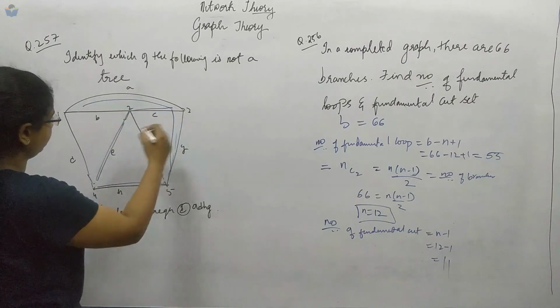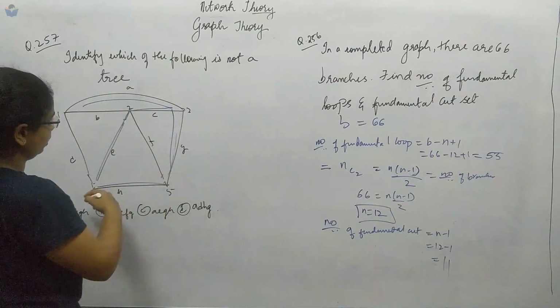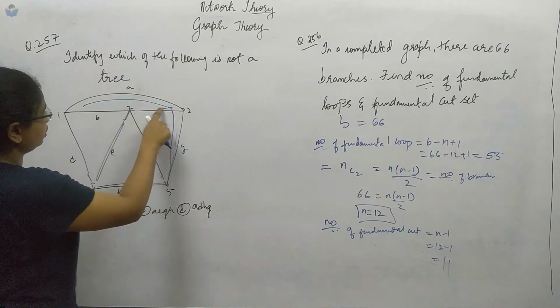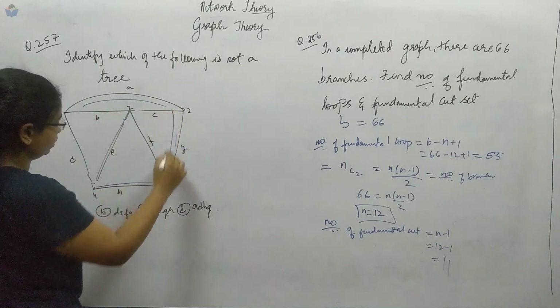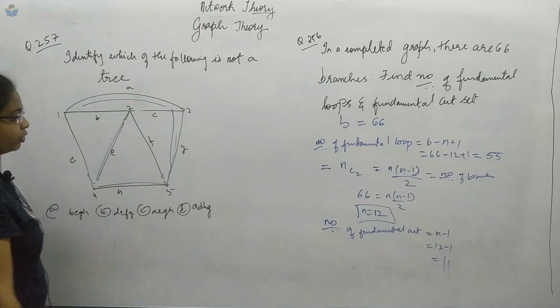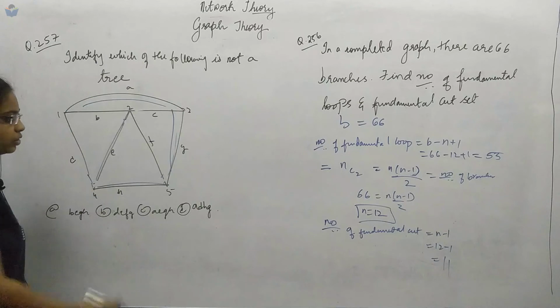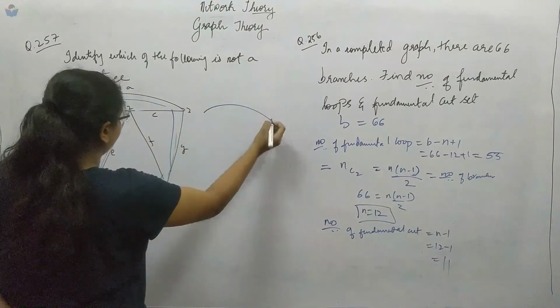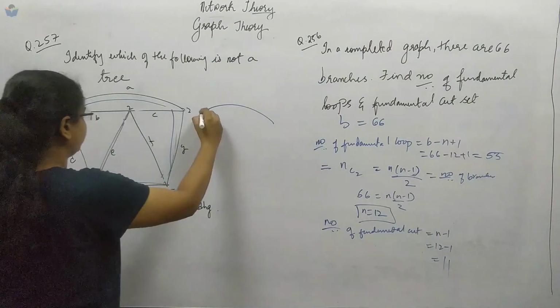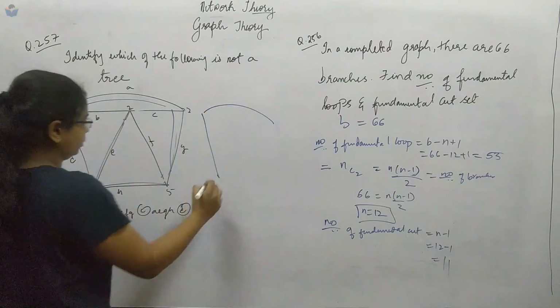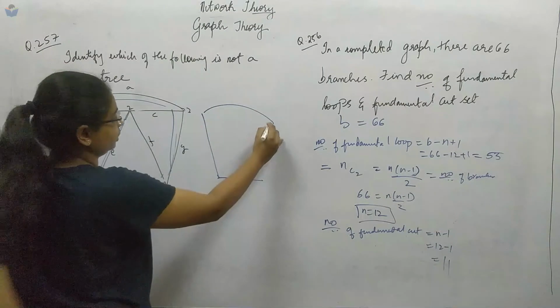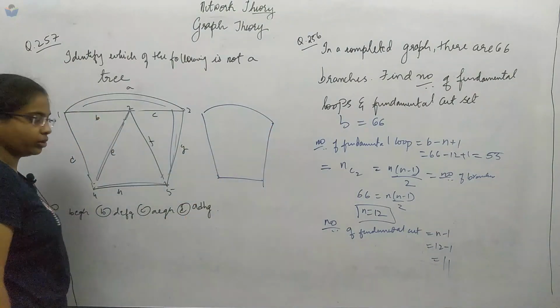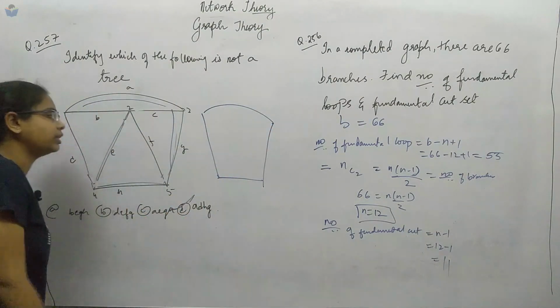We have A, then E, then G and H. No. So this is not in this way. So it is first we have to go here, then G, then E. Okay. So it is not a tree. Sorry, it's a tree. A, D, G, H. Okay. We have here A, then we have here D, H and G. So now it is forming a loop. So this option is not a tree.